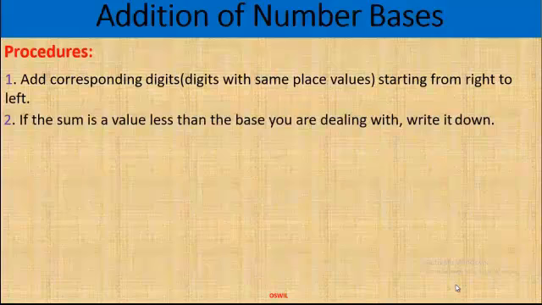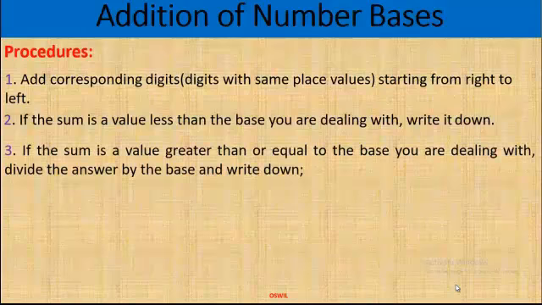Then the second step is that if, after adding the digits, you get a value which is less than the base you are dealing with, then write that down as one of your answers.